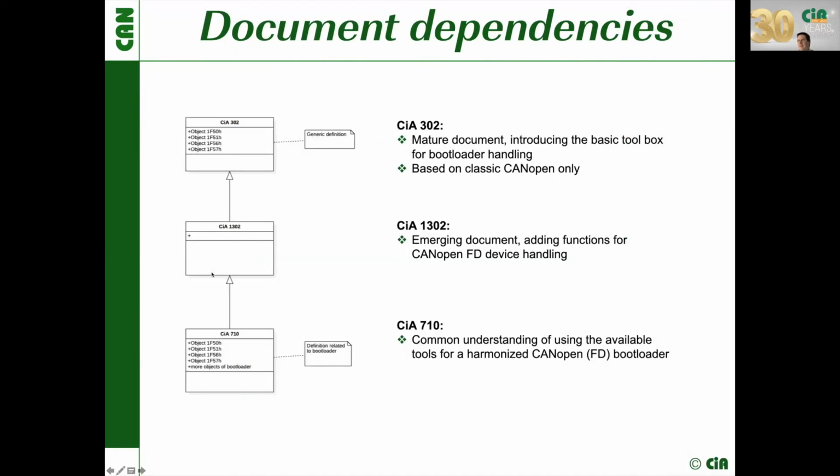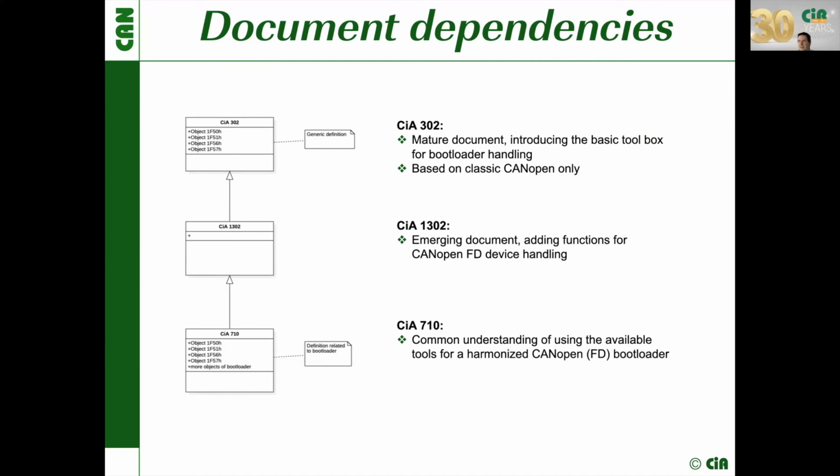As I've said, this document shall apply at least for CANopen and CANopen FD. Therefore, we had also intensive thoughts about how we can make this. It would be so simple just writing a bootloader document. But the problem is most of the function is already standardized in the document CiA 302 for CANopen.